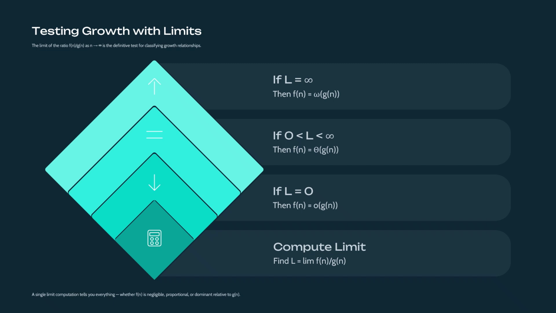For unusual or irregular recurrences that do not fit standard forms, use recursion trees or the substitution method. Therefore, before attempting to solve any recurrence, first identify its structure. Recognizing the recurrence type often determines the best solving strategy.